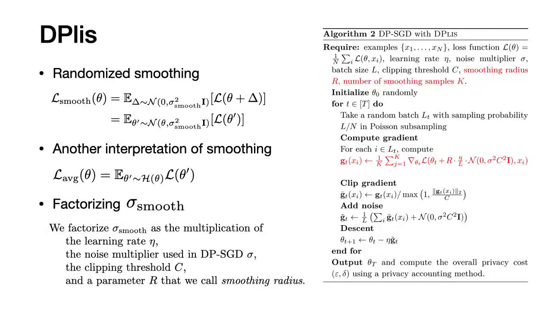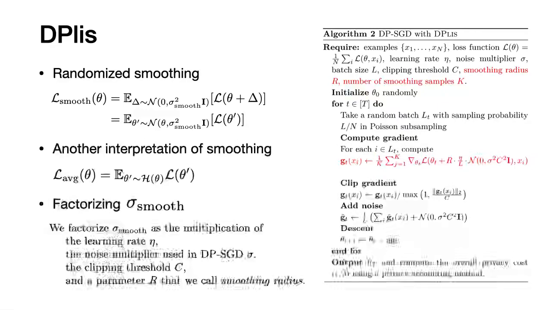A reasonable idea is to instead minimize the expected loss over the corresponding population, as we present here as loss average. Comparing loss average with loss smooth, we can consider the Gaussian noise as a rough approximation of the corresponding population.